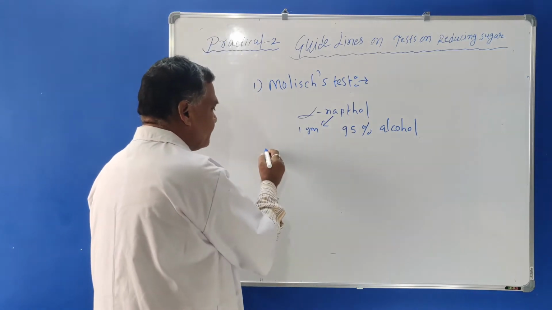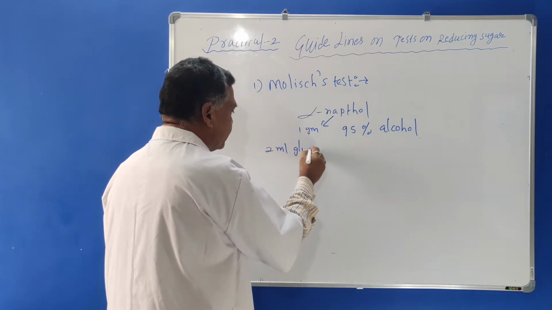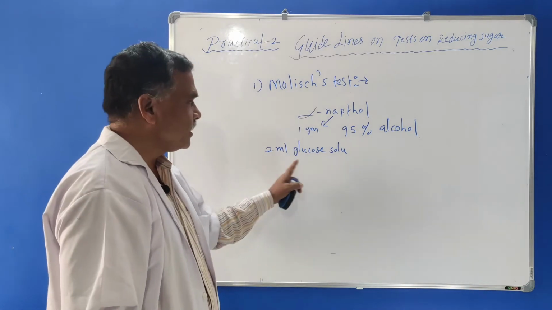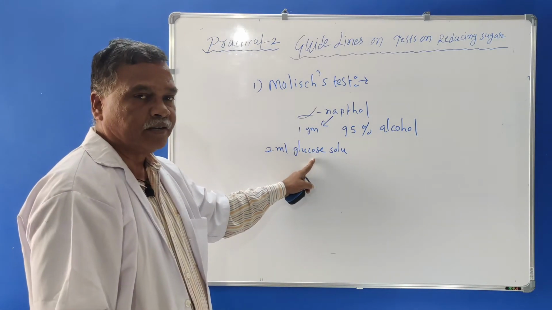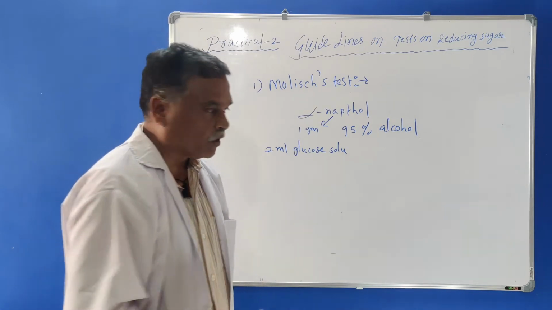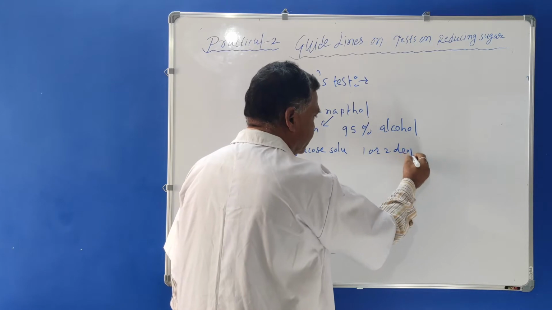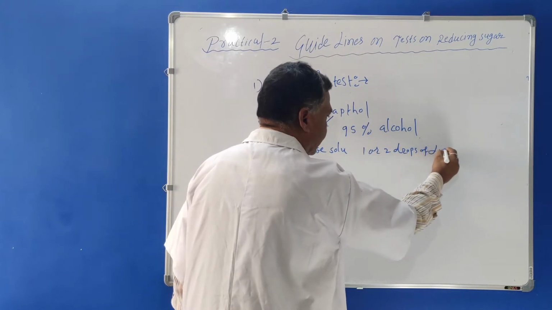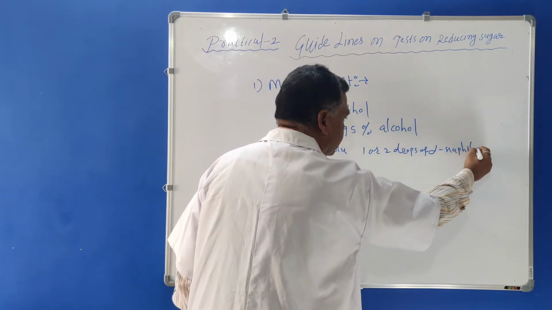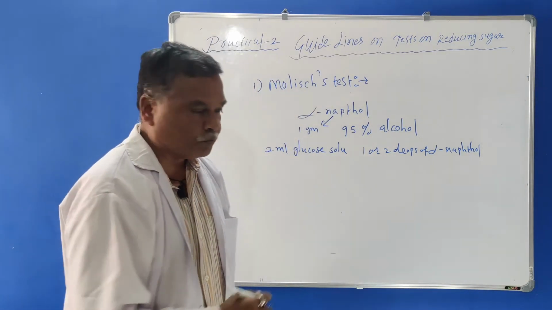We have to take 2 ml of glucose solution in a test tube, and to this 2 ml of glucose solution we add 1 or 2 drops of alpha naphthol, and it is mixed properly.